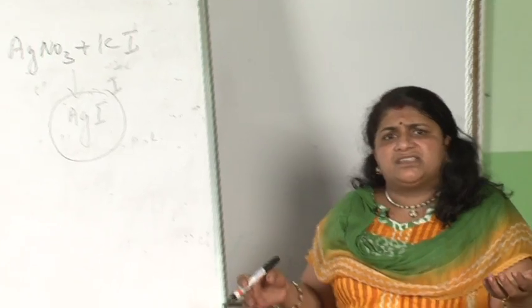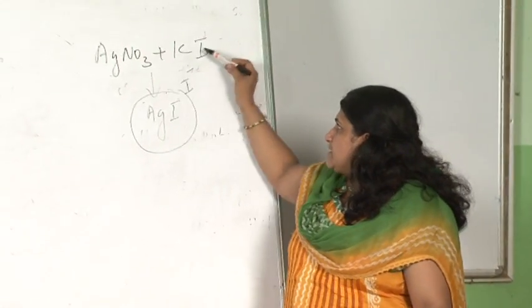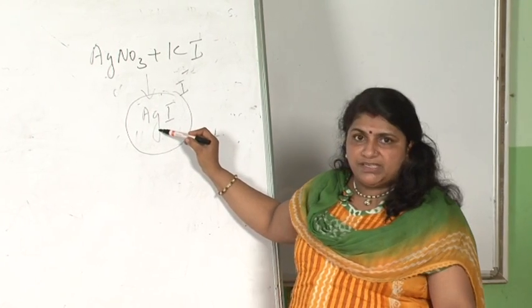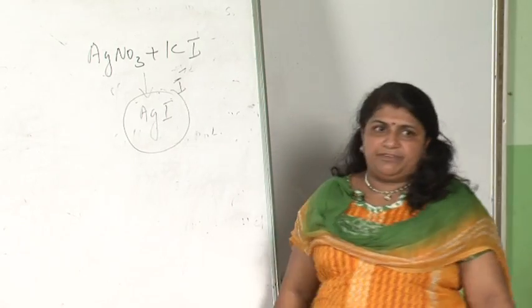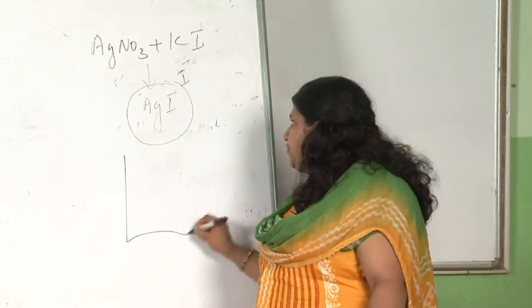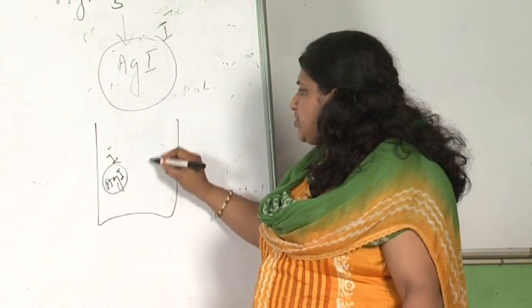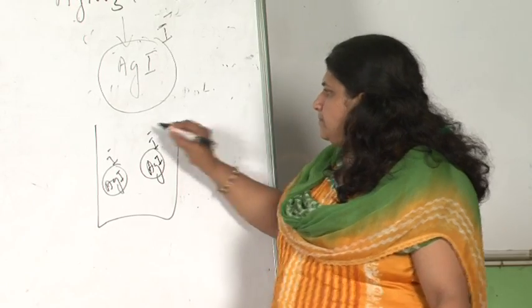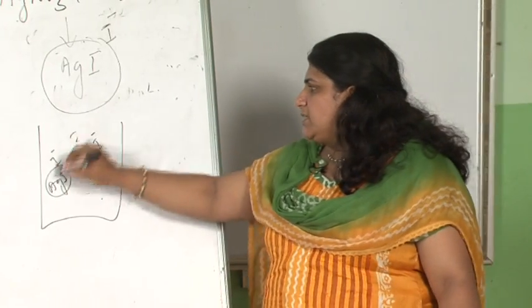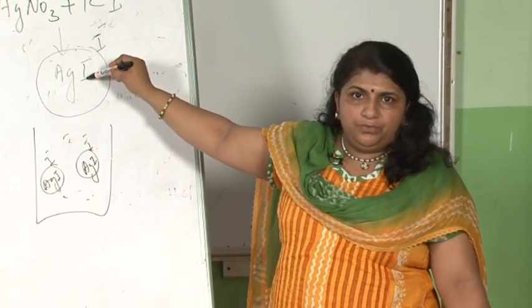Depending upon the situation, it varies. But one example I am telling: when silver nitrate is mixed with potassium iodide, silver iodide is formed. I minus ions will be adsorbed on the surface. In a vessel, there are so many silver iodide particles where I minus is adsorbed on the surface. Many particles are there. So, of course, this is negatively charged now.